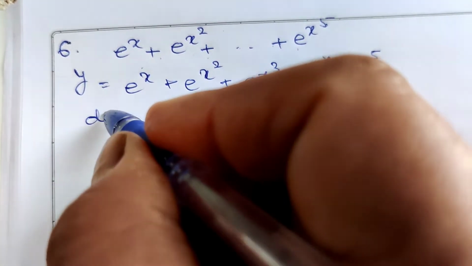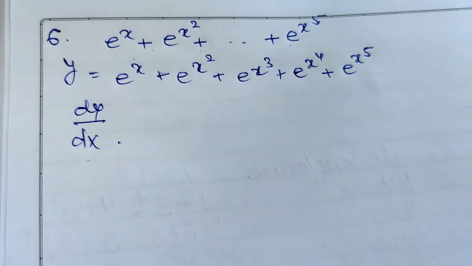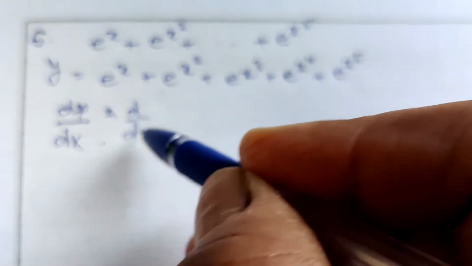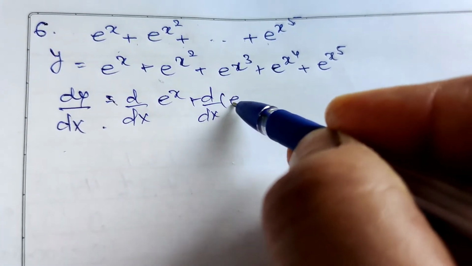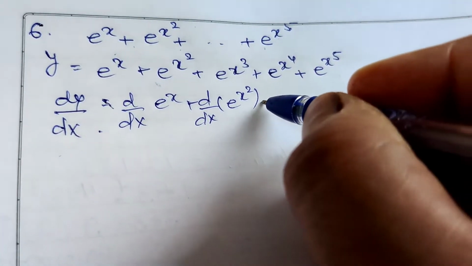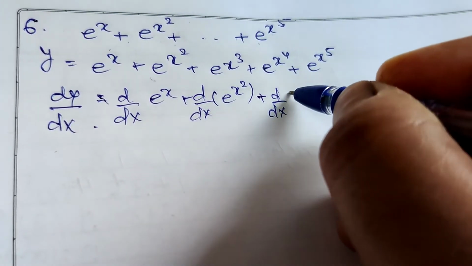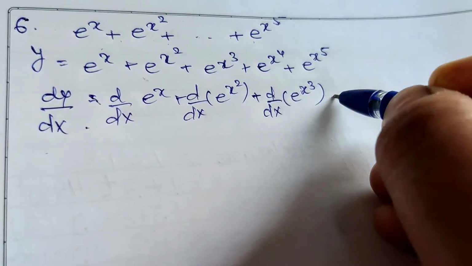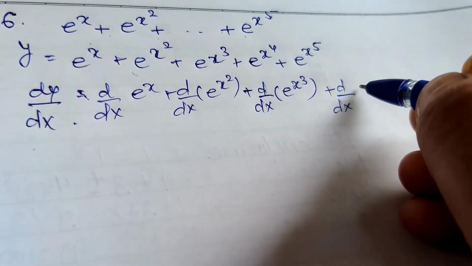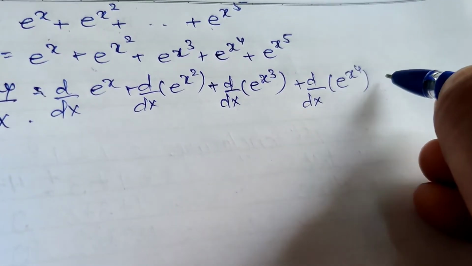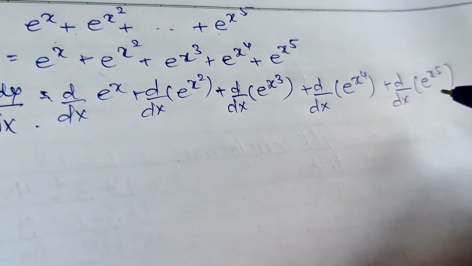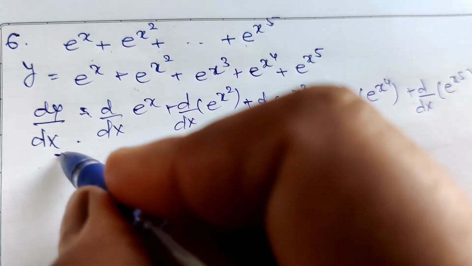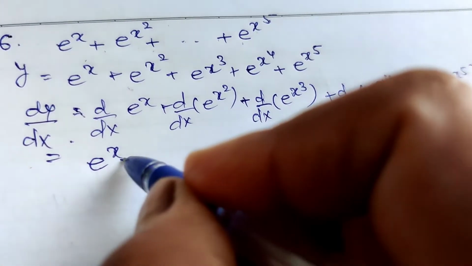Now differentiate each term. dy over dx equal to each term: d over dx e raised to power x, d over dx e raised to power x square, okay, 5 terms.